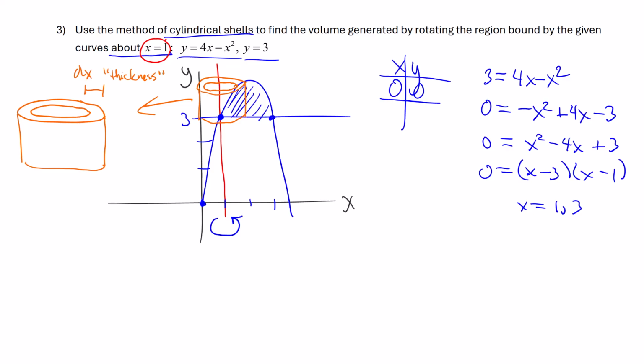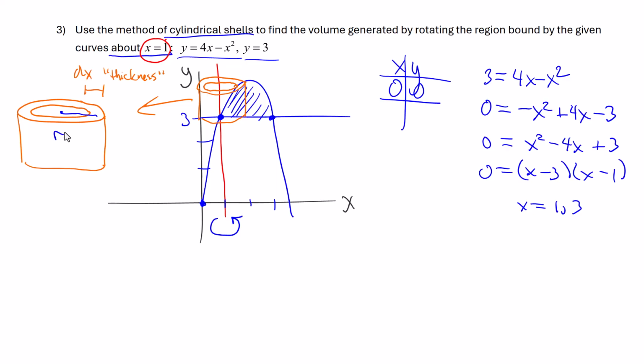We also care about the average radius. Let's take note of that, going from the center of the shell out to the average, the middle of the thickness. Then let's think about that shell radius for a second. Notice that would be extending out from the line about which we are rotating, which is actually this line x equals 1.